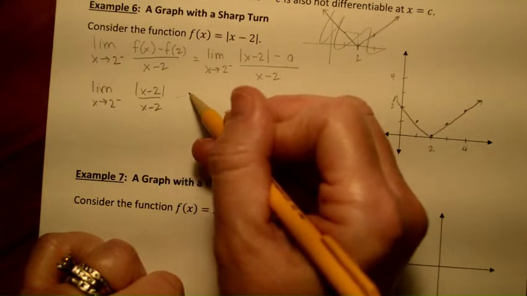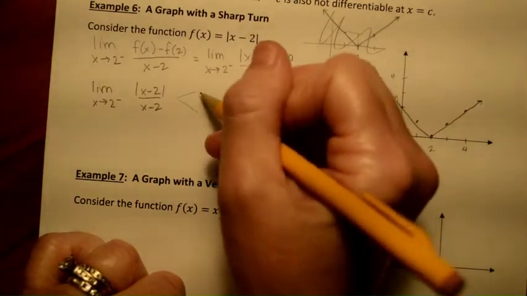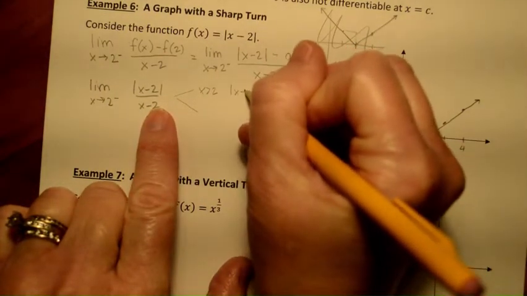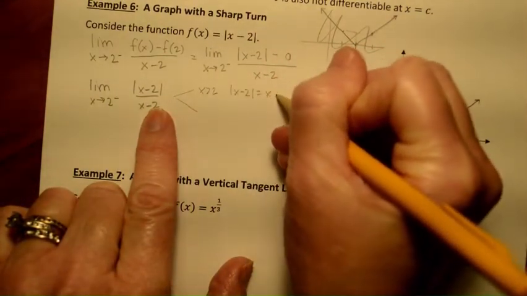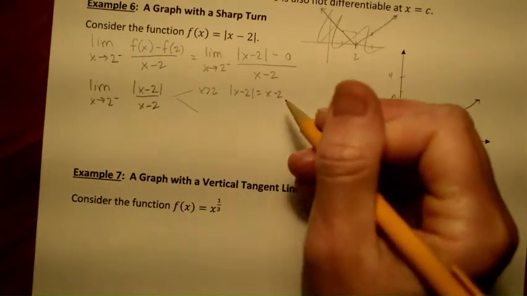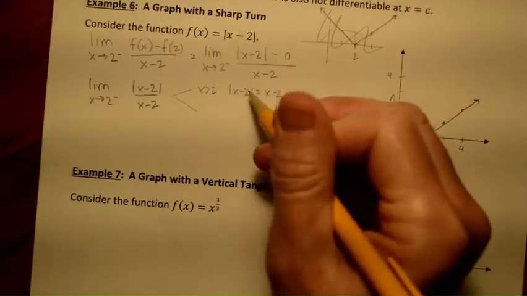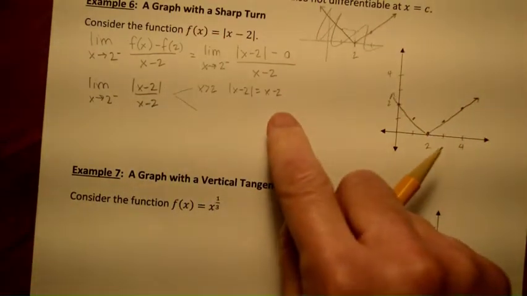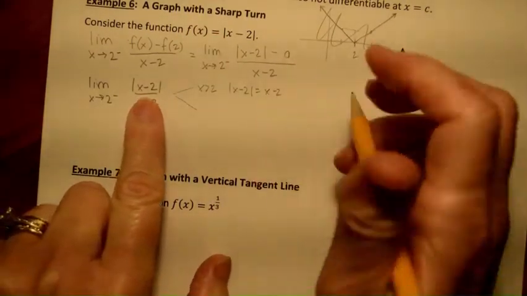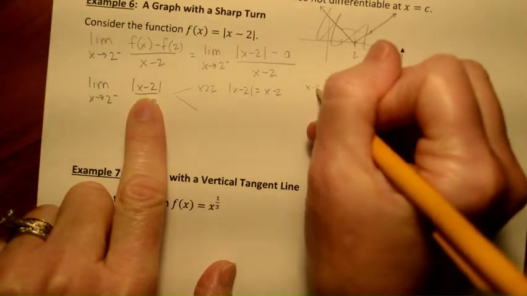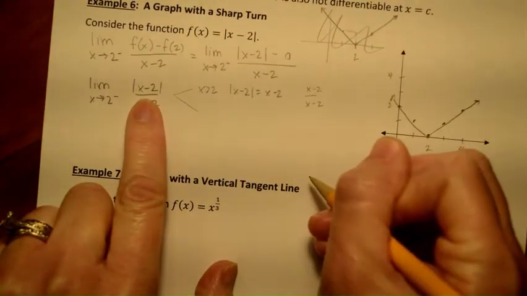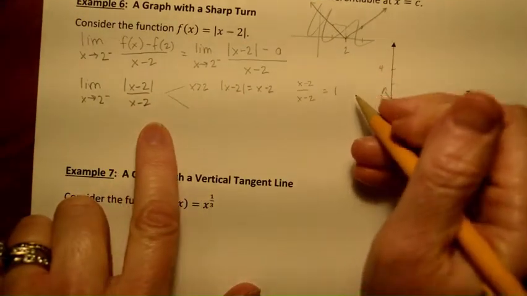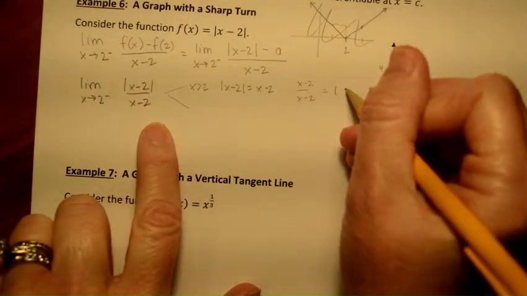We can consider two things. If x is greater than 2, remember that absolute value of x minus 2 is just whatever was in there, x minus 2. Absolute value of a positive number doesn't change it. Absolute value of 0 doesn't change it. And so then we end up with, in the numerator, x minus 2, and in the denominator, x minus 2. That is just 1.